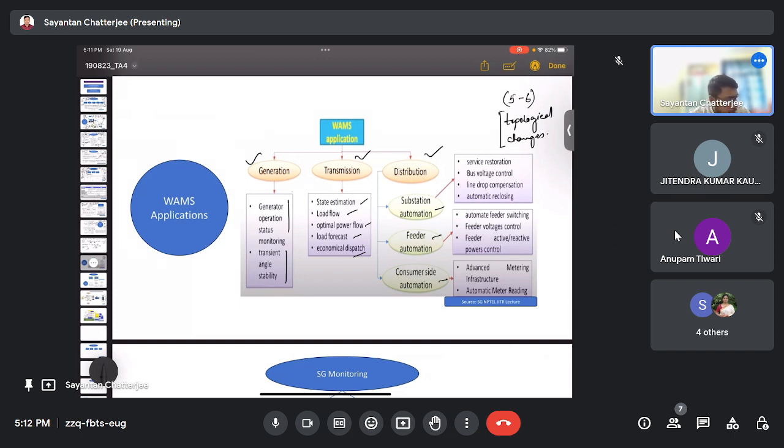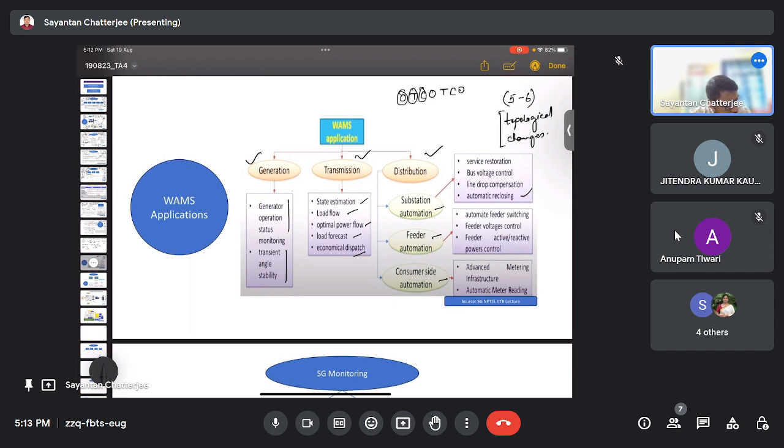The automatic reclosing: firstly, when there are some faults occurring in the system, the breakers would auto reclose, wait for some time. So this is open, then wait for some time, then close.